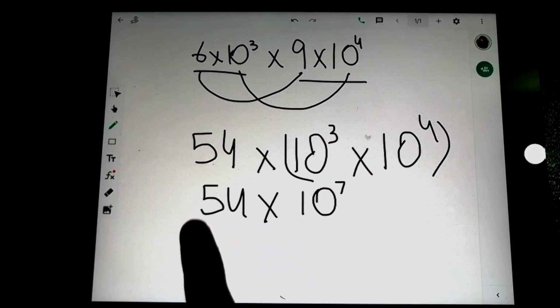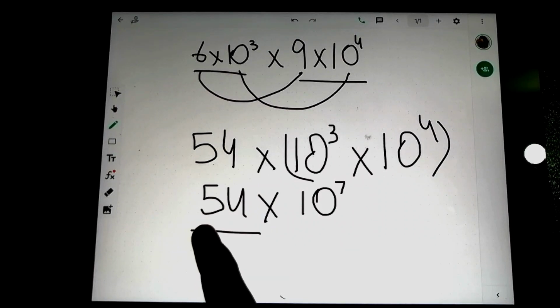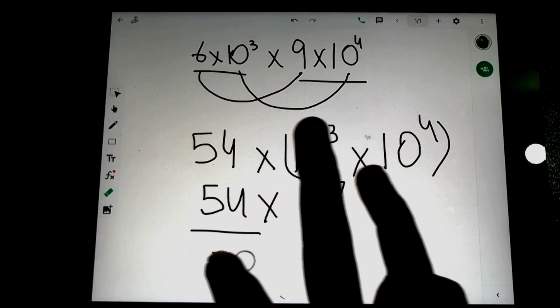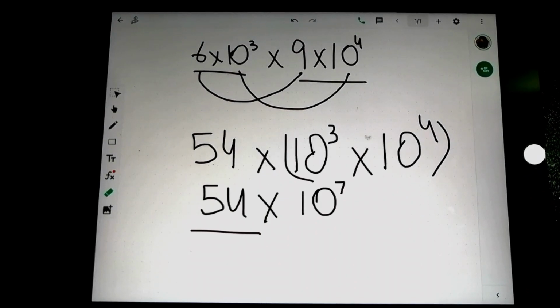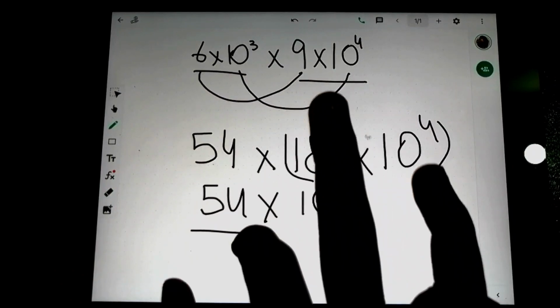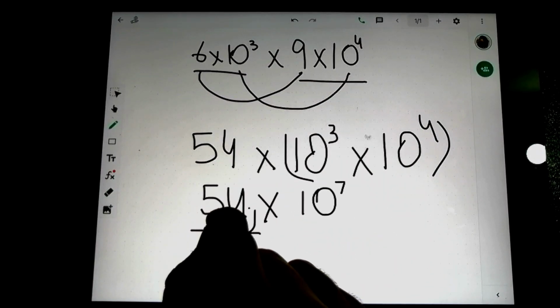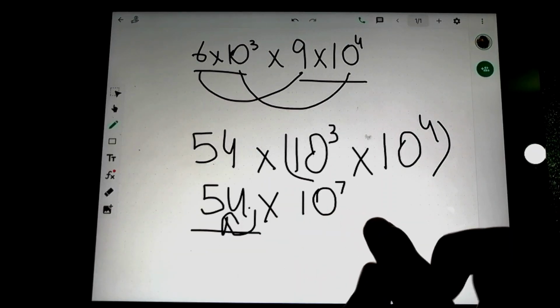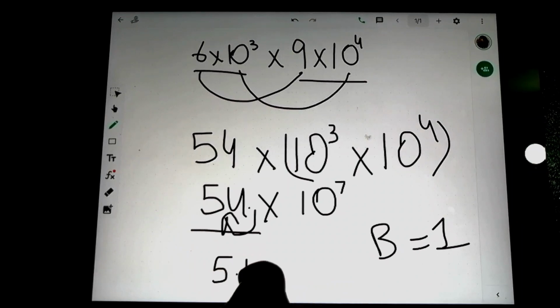But we can't leave our answer like that, because standard form does not allow A to be greater than 9, right? It can't be double digits, so it needs to be less than 10. So we'll convert this into standard form. We've got a decimal point here, and when we move it one space, B is 1 and A is 5.4.